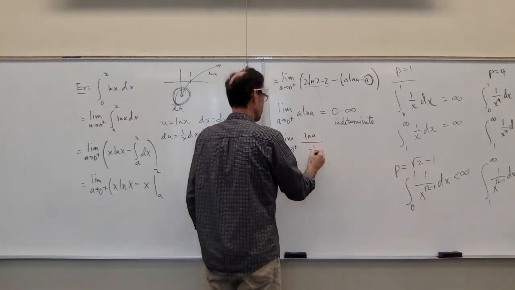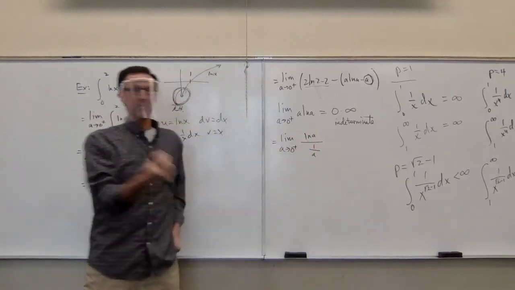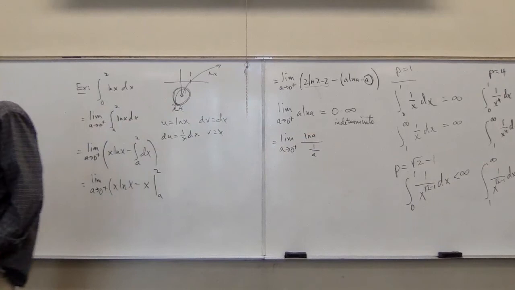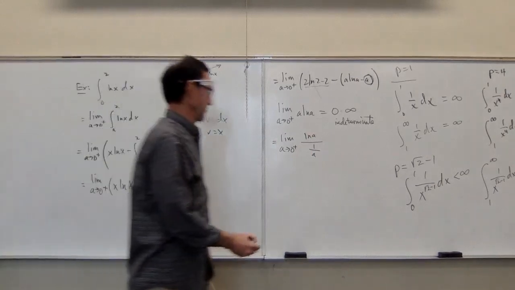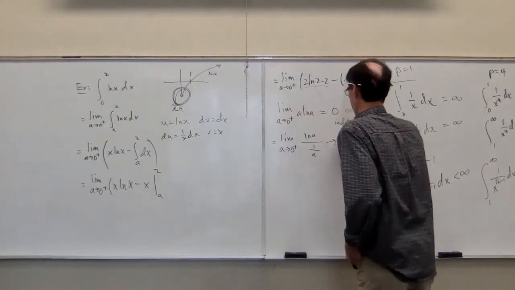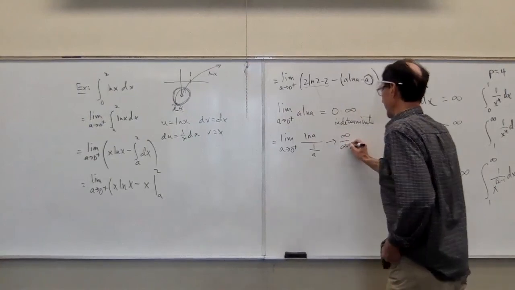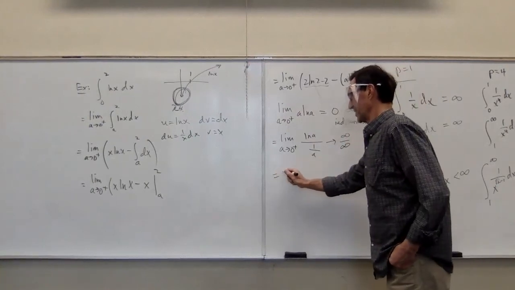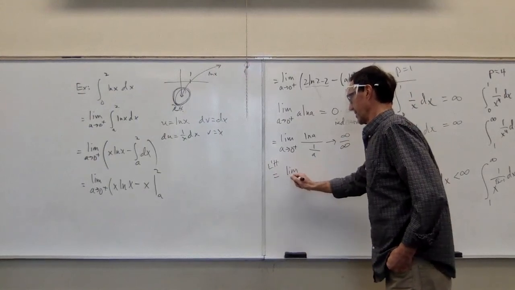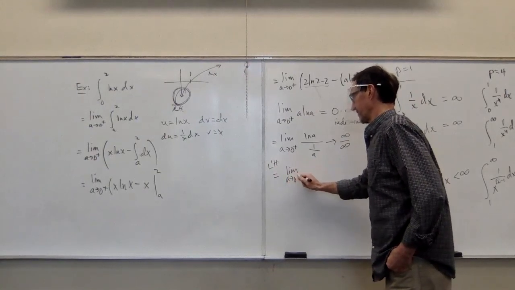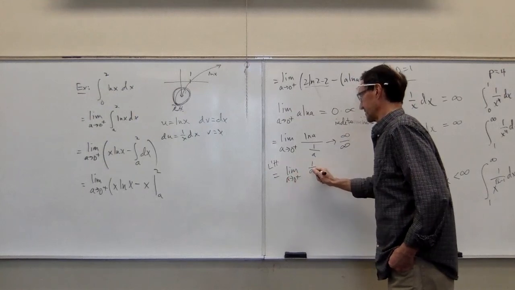I'm going to pick the simplest one and throw it down in the bottom. I can't just move it to the bottom, that would be a different function, but I can move its reciprocal to the bottom, and now it's the same. And now this goes to infinity over infinity. So we can use L'Hopital's rule. As a approaches 0 from above, we take derivatives.